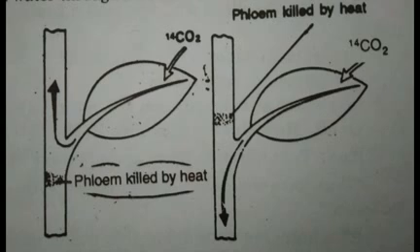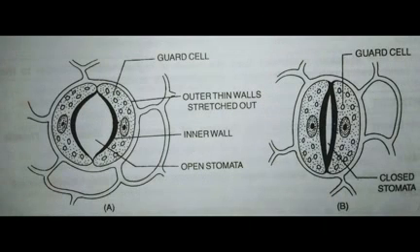That is termed endosmosis. It leads to turgidity of the guard cells. As a result of this turgidity, the outer thin walls are stretched out, thus widening the stomatal opening lying in between.